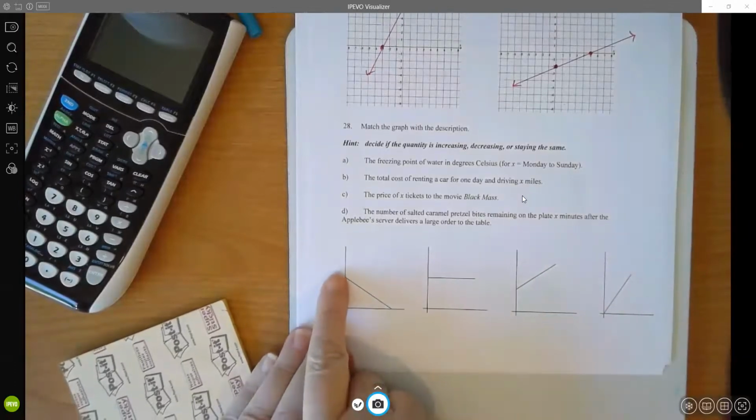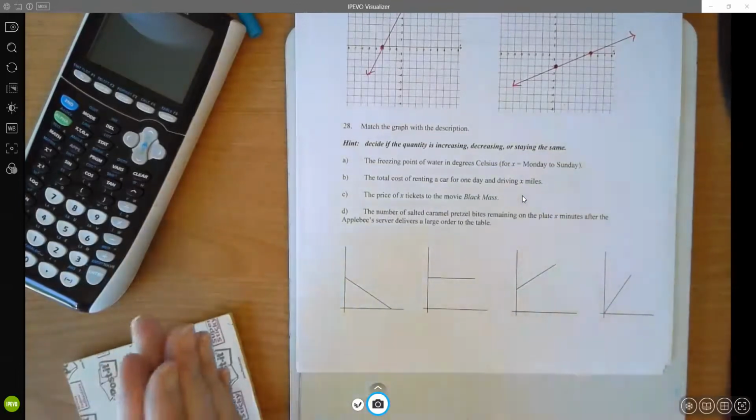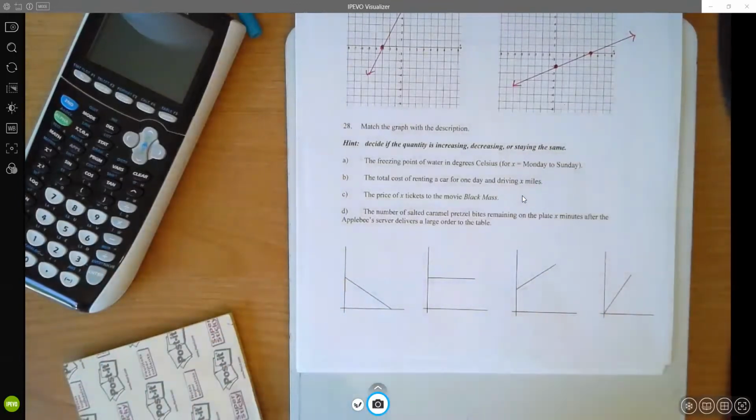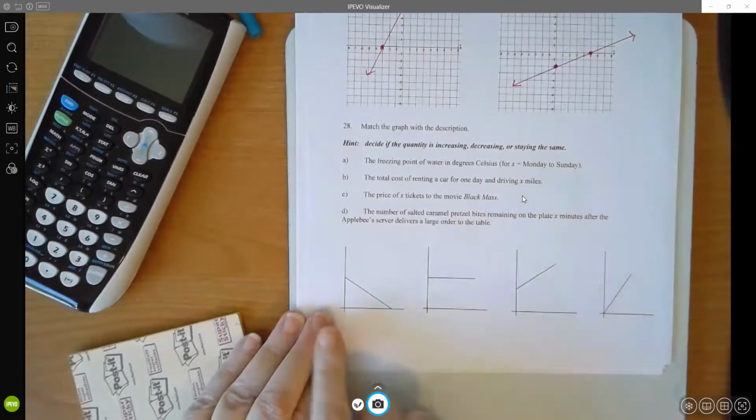So as we look at this, we're moving from left to right, as we do for most of what we do. I say it's because we're English language speakers, and English moves from left to right, but that's not really why. It's just a good way to remember that we read from left to right. So if we read our graphs from left to right, it makes sense.